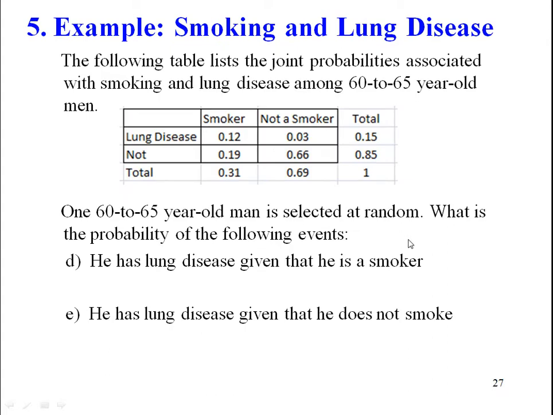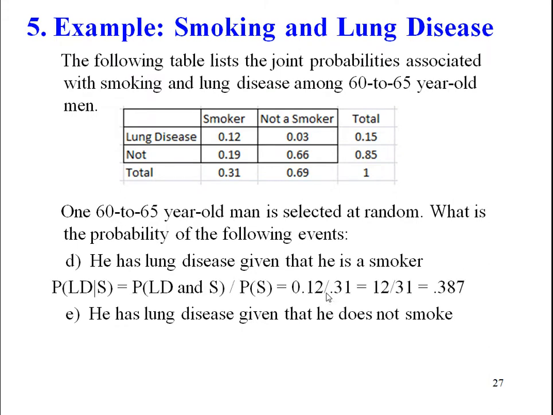So let's look at an example there. The following table lists joint probabilities associated. We have these, right? So now we can say, has lung disease given that he's a smoker? So what's that probability? Well, it's the probability of lung disease given a smoker. It's the probability of lung disease and a smoker divided by the probability of smoker. And that lung disease and a smoker is this one, so it's 0.12 out of the total number of smokers.